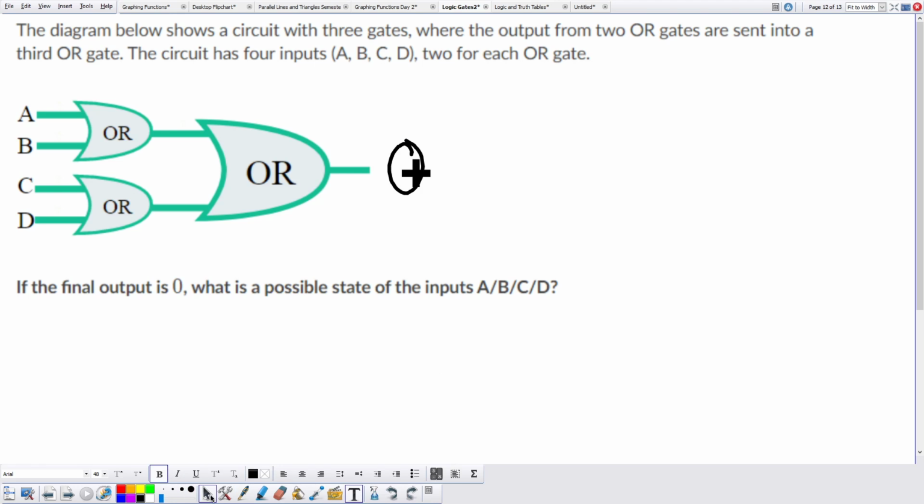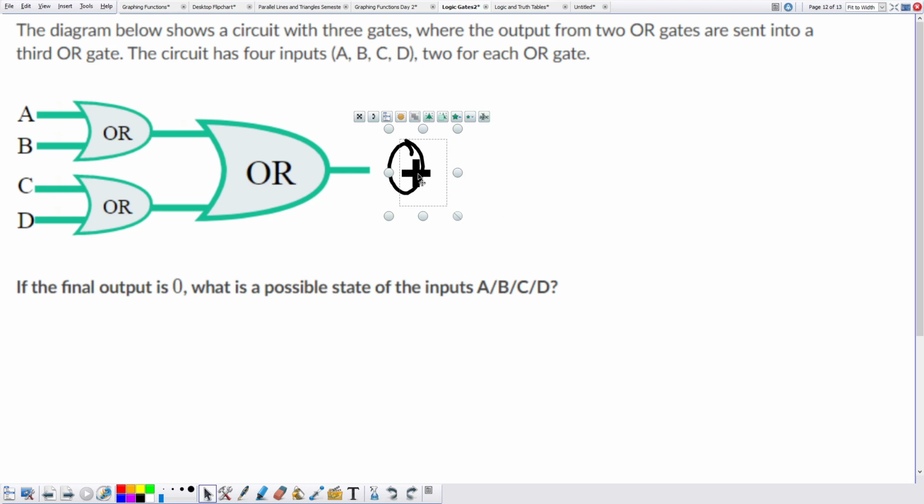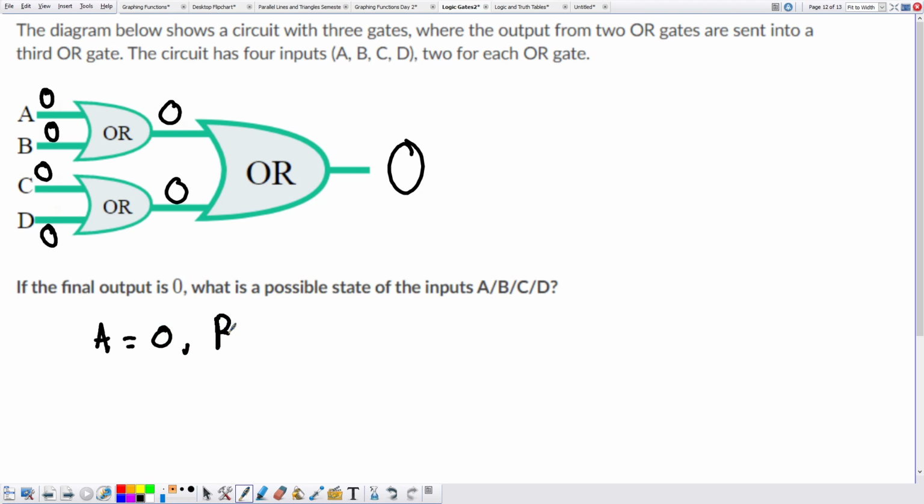Well, the OR gates can only be 0 if both the inputs are 0. So we have that will give us a 0 on the output. Similarly, this will give us a 0 on that output, and then we are given 0. So A equals 0, B equals 0, C equals 0, D equals 0.